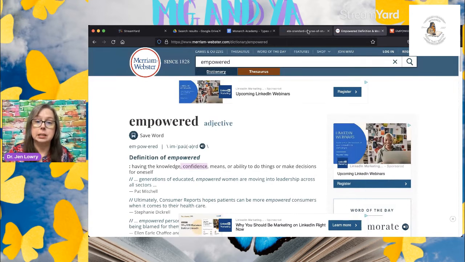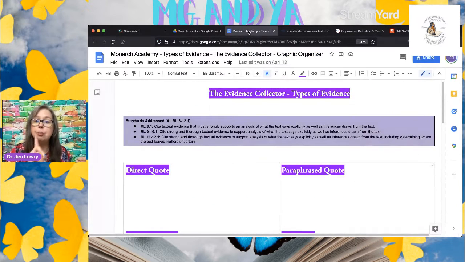I chose confidence. But when you're paraphrasing, you're putting it into your own words. So sometimes I might need that word bank to help generate an idea. And all I needed was that big word, empowered. And what I mean by big word, I don't mean that it was the longest word in the sentence.